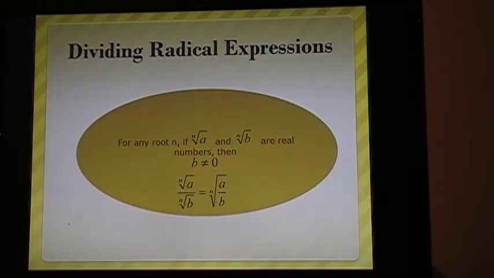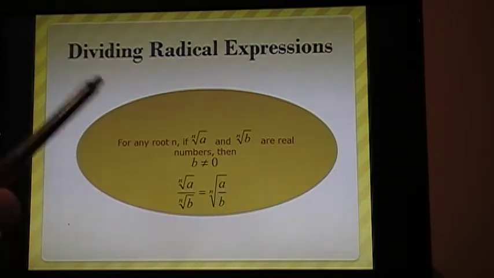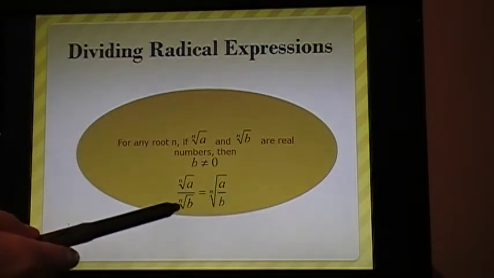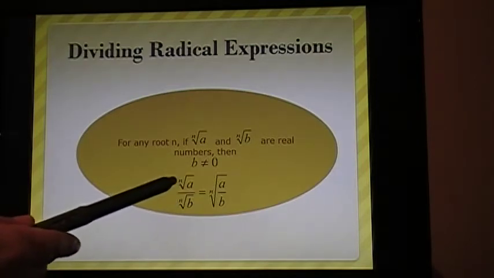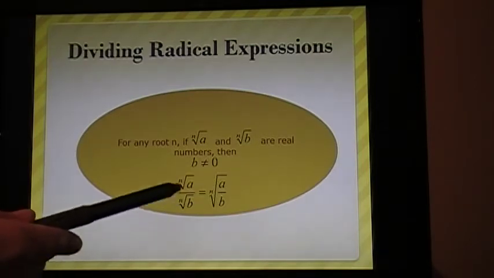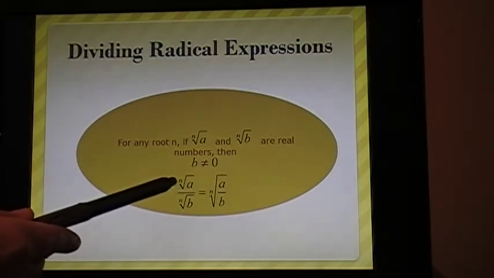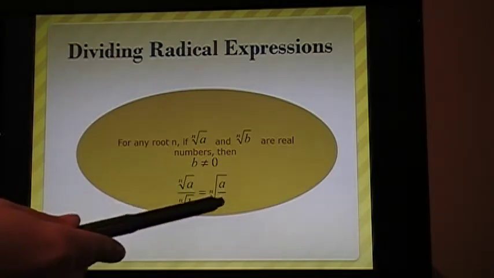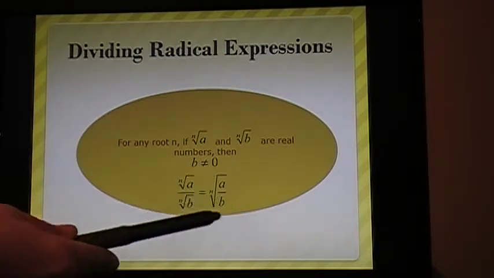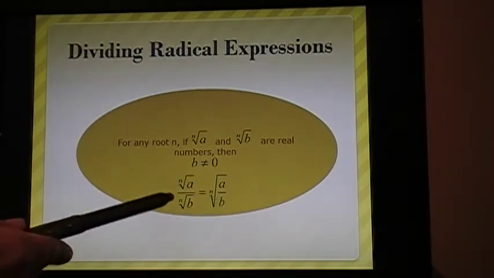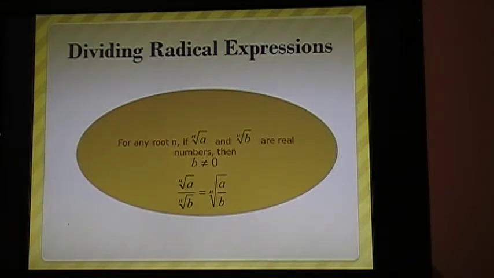So when you're working with these divisions, or really fractions, our division rule is telling us that if we have two radicals with the same index, we can rewrite that as a single fraction, or if we have a single fraction, we can split that into two.